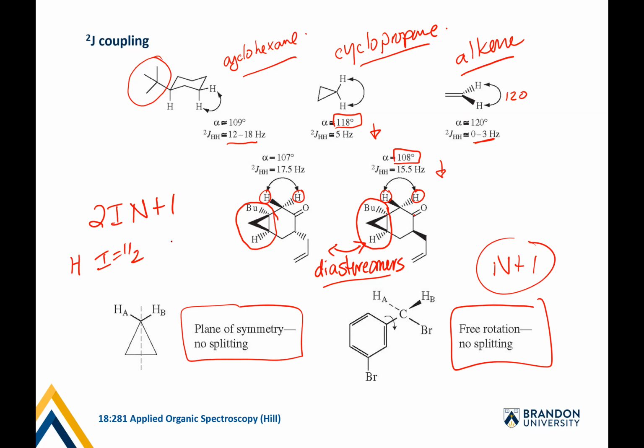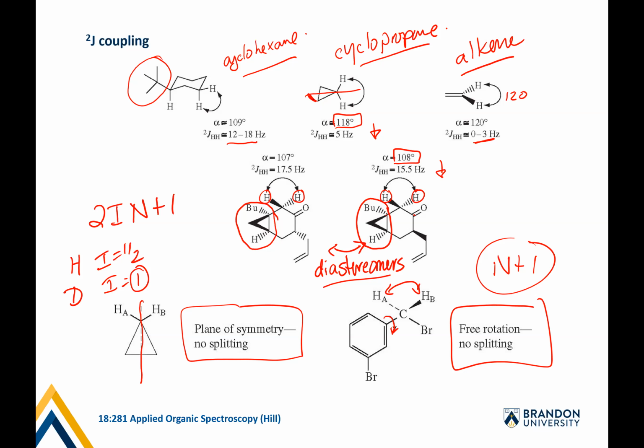Okay, so I think before we were talking about how if something has a plane of symmetry, there'd be no splitting. And if you've got free rotation around a bond, these two H's shouldn't couple with one another because there's free rotation. In this example, it's funny, there has to be something somewhere else, because there'd be a plane of symmetry in this molecule.